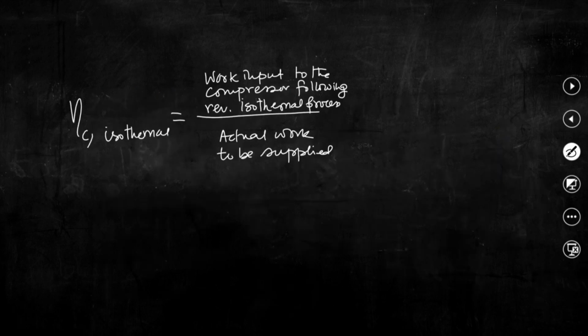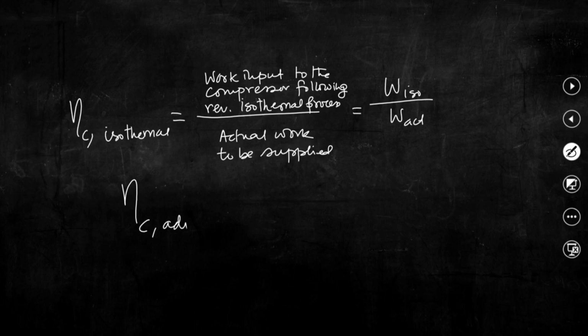So, if we assume that this is W isothermal divided by W actual, since this is very less, eta compression adiabatic is greater than eta compression isothermal.